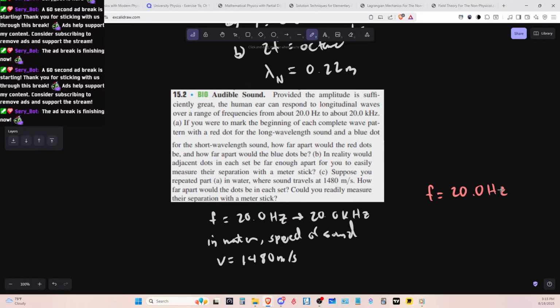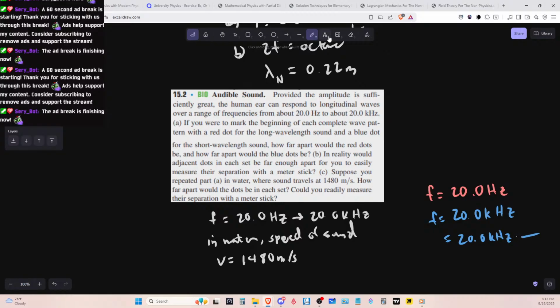I mean, my logic might be mixed up, but we'll just try to see how it goes. 20 gigahertz, which in turn, let's see, 20 gigahertz.